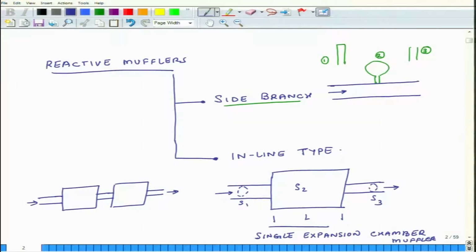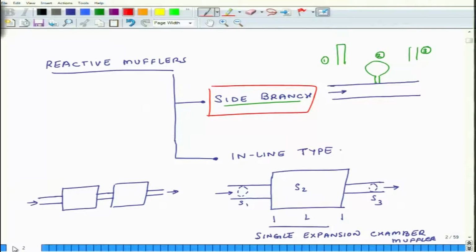Okay. So, I just wanted to make you familiar with different topologies and so that you get an idea about the terminology. And now, what we will start discussing is the side branch type of muffler today.